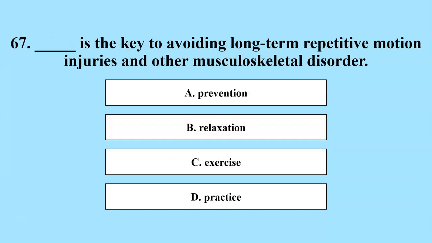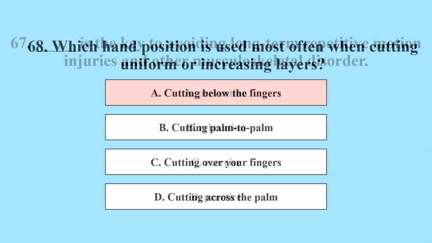Blank is the key to avoiding long-term repetitive motion injuries and other musculoskeletal disorders. Prevention, relaxation, exercise, practice. If you chose A, prevention, you are correct.